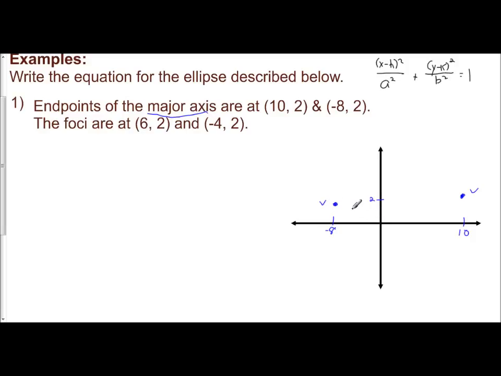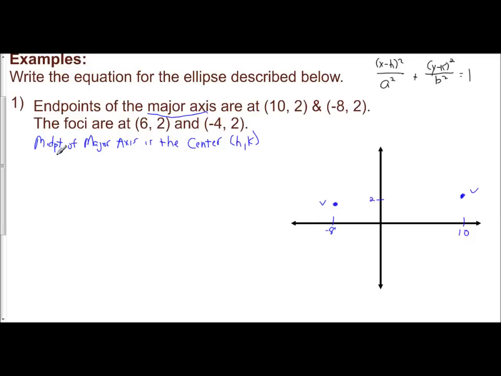And I need to think about the major axis: the midpoint of it is the center. And that allows me to get the h, k values. Now, you can use your midpoint formula for it, or if you have a good graph, you can actually count and figure out where the middle is between these.